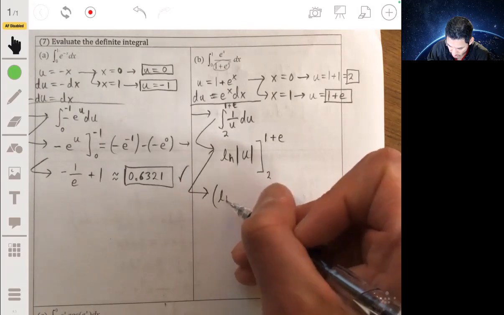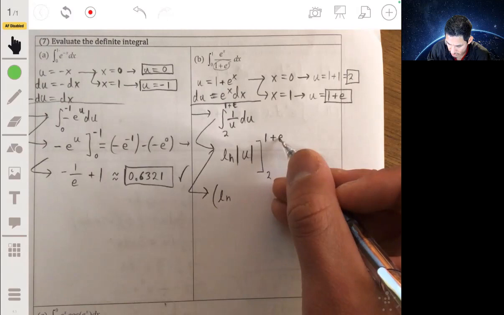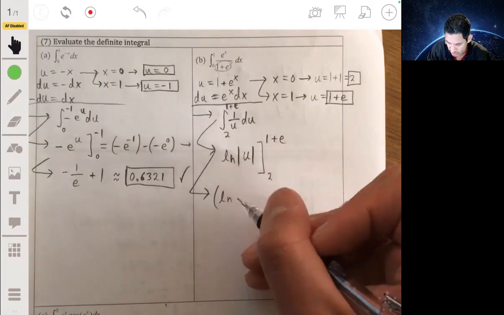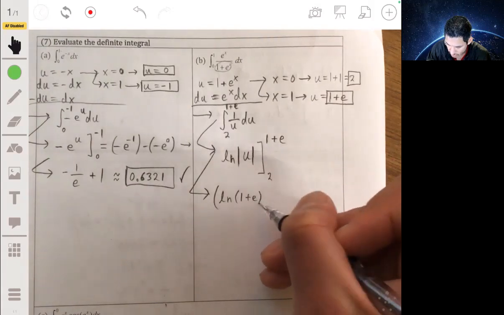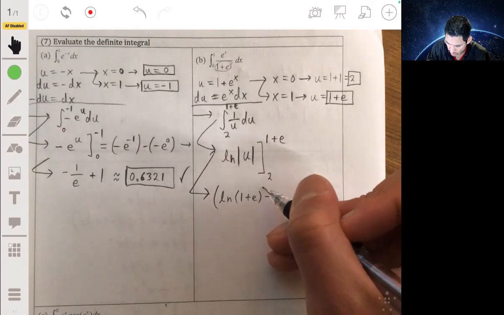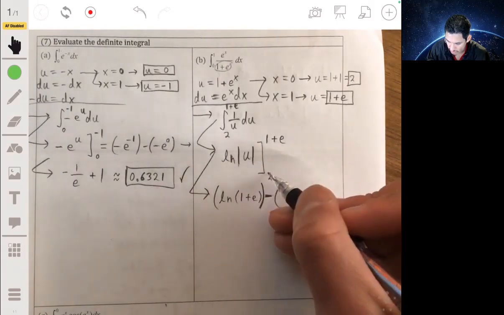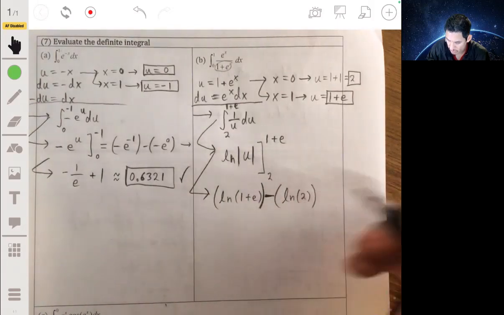So here we're going to have the natural log of the absolute value of 1 plus e. And that's just going to be 1 plus e, because the absolute value of 1 plus e is just a positive number, which is the same thing. So natural log of 1 plus e, minus the natural log of the absolute value of 2, or the natural log of 2, which is already positive.